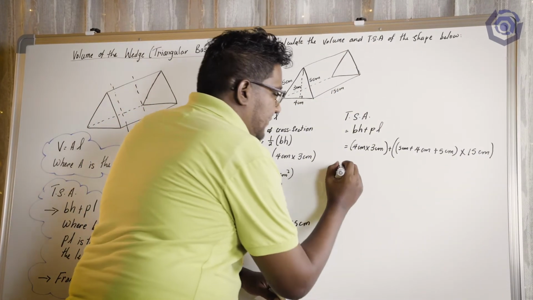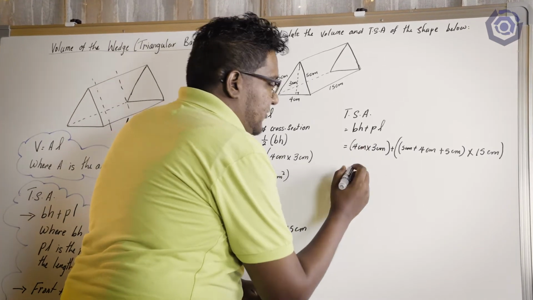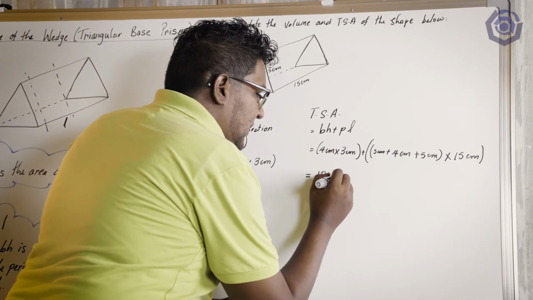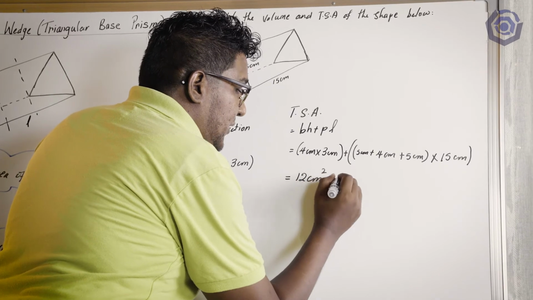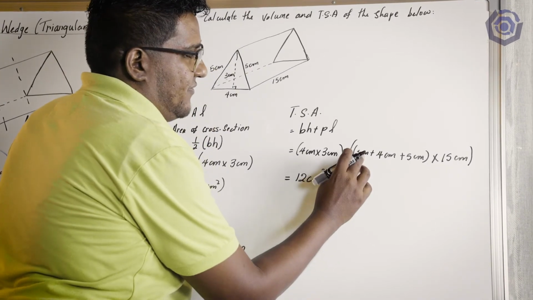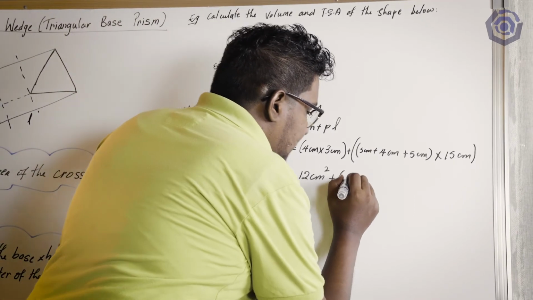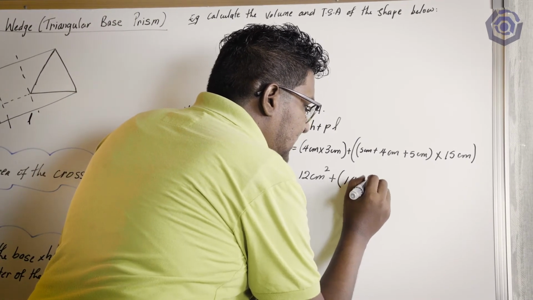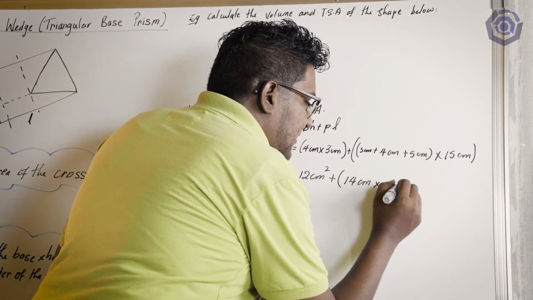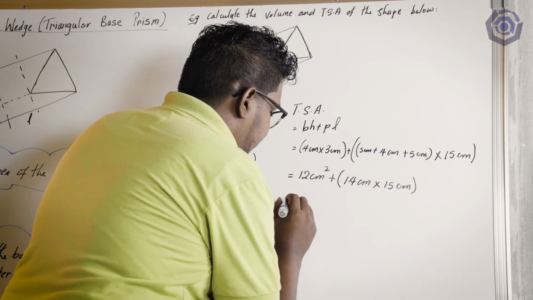So let's simplify. 4 multiplied by 3 is going to give me 12 cm squared, plus, in here we have 5 plus 4 plus 5, and that's going to give me 14 cm multiplied by 15 cm.